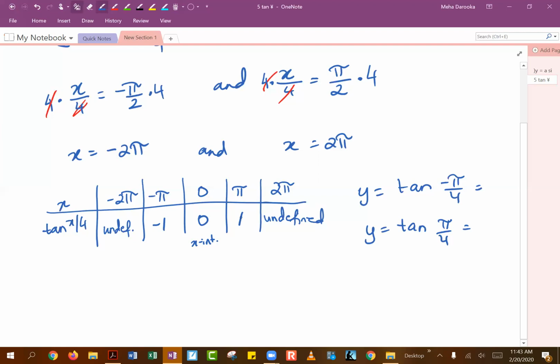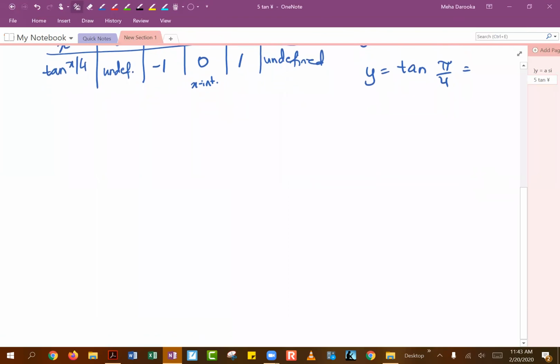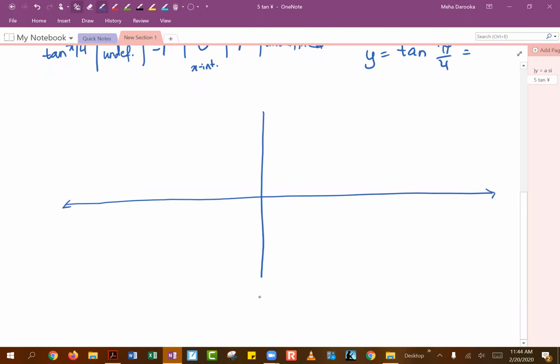Okay, so let's see how we can graph this. Again, I'm going to do a longer x-axis. And let's say we're going from 0, 0 to pi to 2 pi.